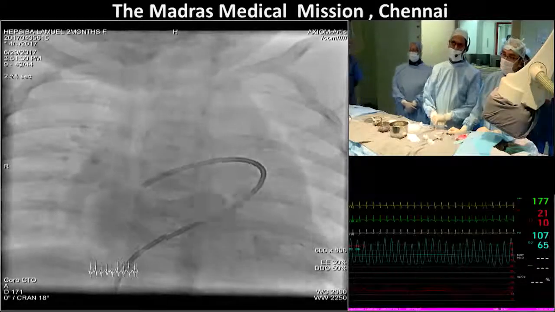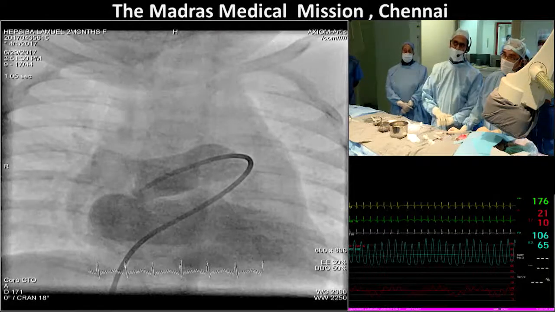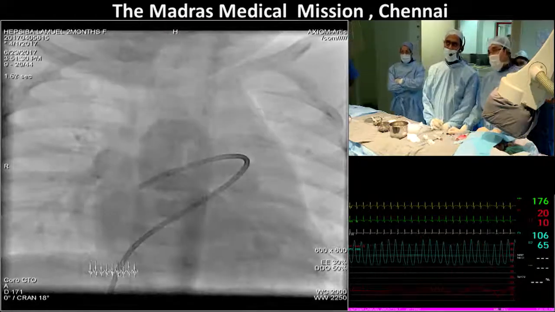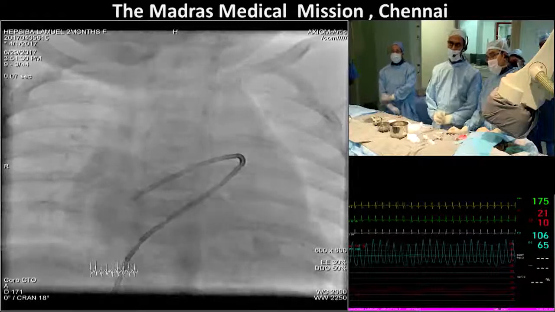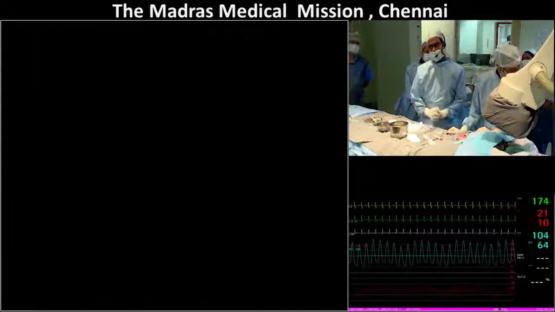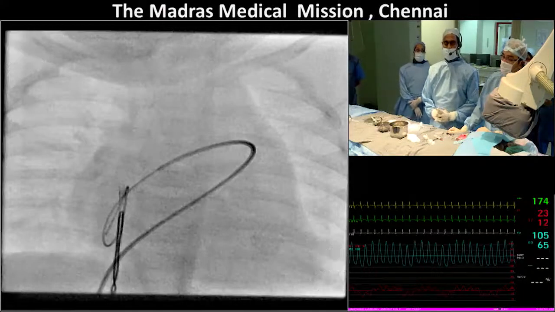And here we can appreciate that the catheter is now inside the left atrial aneurysmal pouch, and as we are injecting, the catheter bounces back into the dilated right pulmonary artery. The saturation of this child today during the procedure varied anywhere between 80% to 93%.